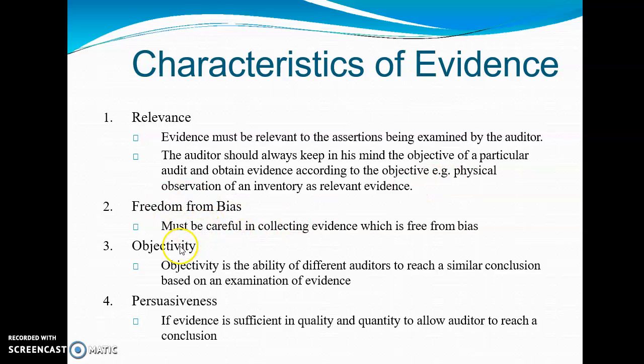Then freedom from bias, where the auditor must be careful in collecting evidence which is free from bias. Objectivity is the ability of different auditors to reach similar conclusions based on an examination of evidence. And persuasiveness, where evidence is sufficient in quality and quantity to allow the auditor to reach a conclusion; it must be sufficient.